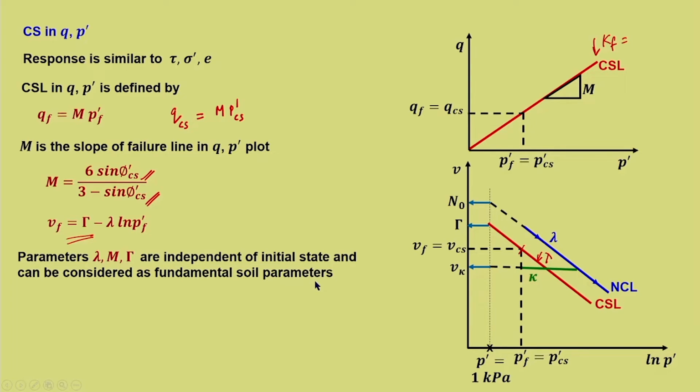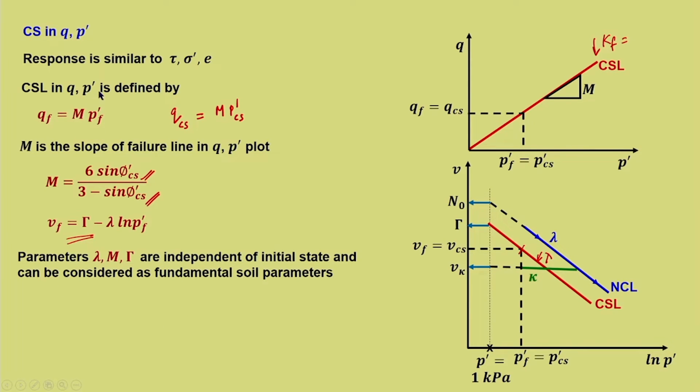Earlier we understood in tau, sigma dash, e space that Cc, which corresponds to lambda, and the other parameters can be used for defining the fundamental parameters of soil.